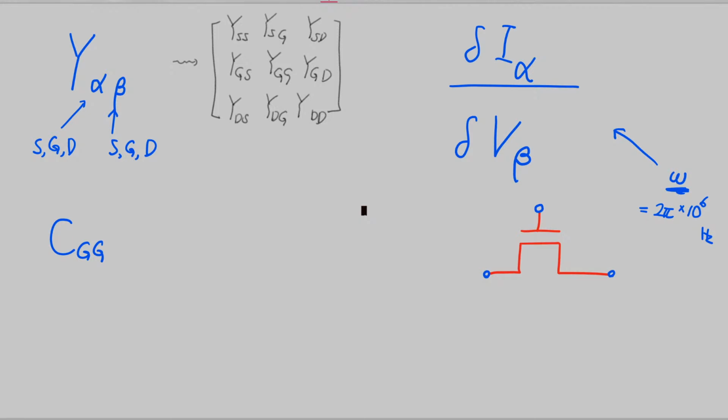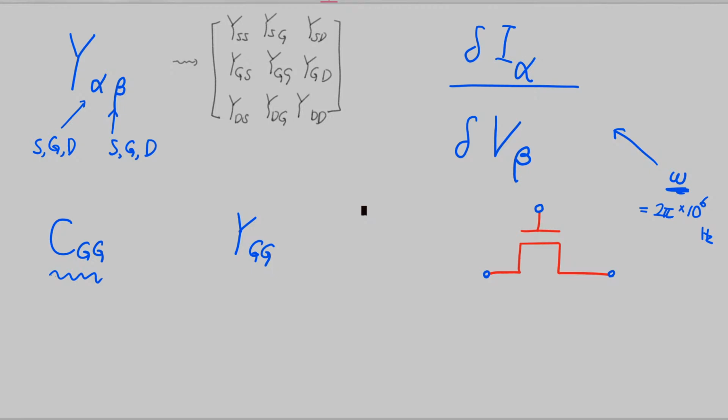If we change something at the gate terminal, how much charge is collected by this voltage application? So how can you calculate this CGG component out of our Y parameter? Obviously, you know that this corresponds to the YGG parameter.